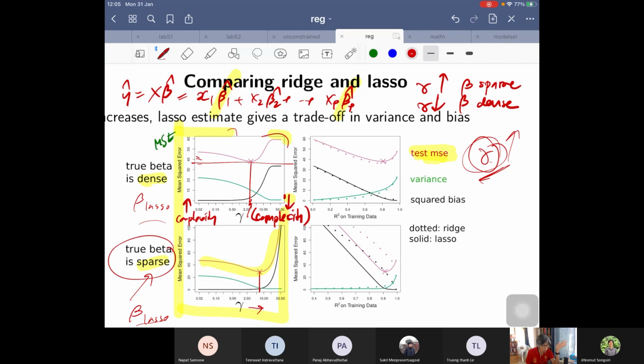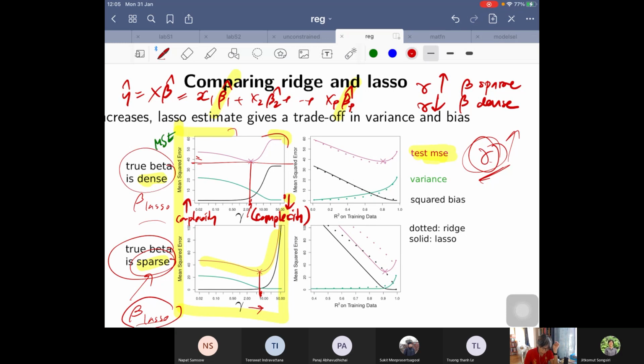When my ground truth parameter is actually sparse, my selected gamma is also bigger, which means my lasso solution will also be sparse. You can reproduce this graph with a simple implementation of lasso. That is how we compare between the two cases of ground truth.